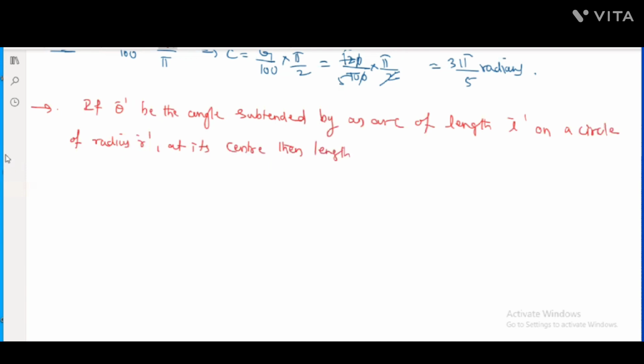The length of the arc is L is equal to R theta. So L is equal to R theta.